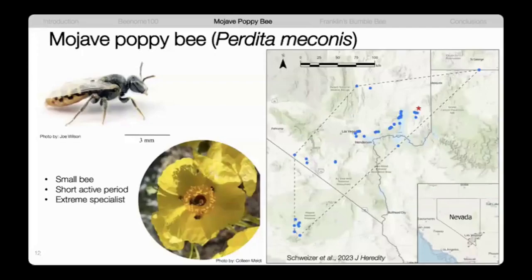So you can see it's a really small bee. Adults are anywhere from 4 to 7 millimeters. It has a really short active period, and it's an extreme specialist on these poppies. So these characteristics make it a really special, cool bee, but also can make it a little bit hard to find especially during these really short active periods.